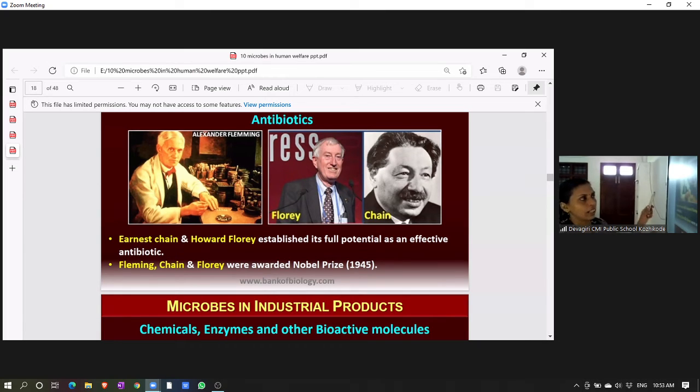The name of the antibiotic is penicillin, and the microbe is the Penicillium notatum. For the board question, Penicillium notatum is the name of the microbe, which is a mold, a type of fungi. The product produced is penicillin, and that can be used as an antibiotic against the bacterium Staphylococcus. These people were awarded the Nobel Prize. Yes, Arjun, continue.